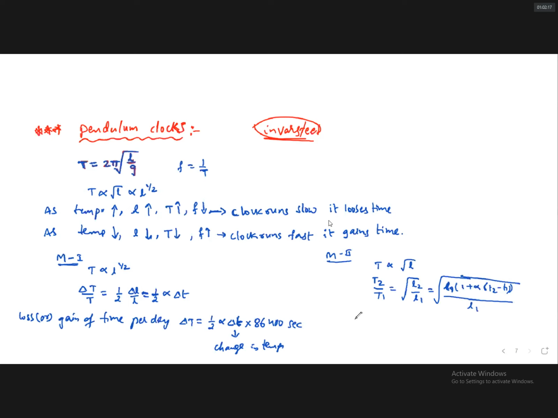Therefore, T2 by T1 we get as (1 plus alpha into T2 minus T1) power 1 by 2. From that, the fractional error we can calculate by simplifying this value. So T2 minus T1 is the change in time period, by T1, the original time period. Like that, we can calculate the loss or gain of time per day.